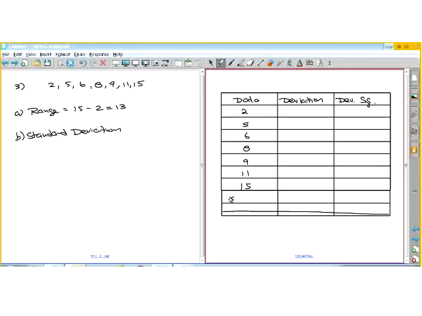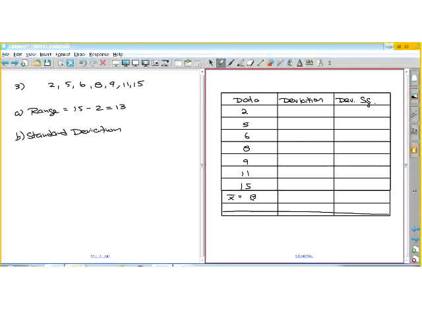So here what we need is the mean, which is a measure of central tendency. And all you do is you add the values together, and you divide by the number of values. So we have 7 values, and so 2 plus 5 plus 6 plus 8 plus 9 plus 11 plus 15 is 56, and divide by 7 numbers, and the mean is an 8.